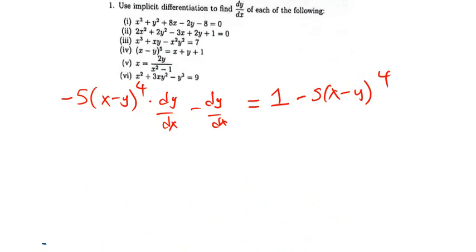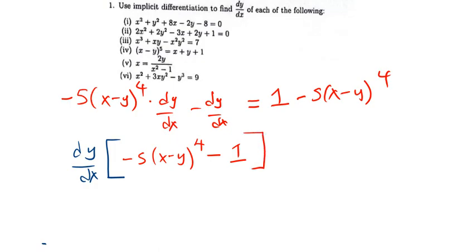What do we do at this point? Factor out dy/dx. For the first part, what remains is negative 5(x minus y) raised to the power 4, and then minus just the 1 for the other part, equal to 1 minus 5(x minus y) raised to the power 4.